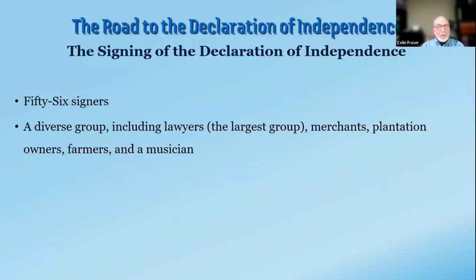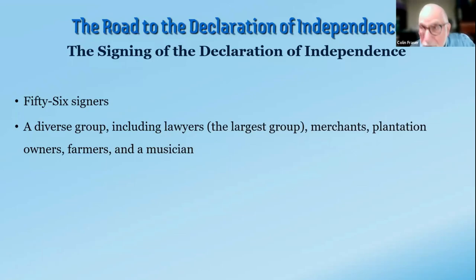And the signers of the Declaration of Independence, there were 56 of them, a really diverse lot that was truly representative of the population of the colonies at the time. Of course, attorneys were the largest group. They always seem to be. But there were also merchants and plantation owners and farmers, and even a musician.